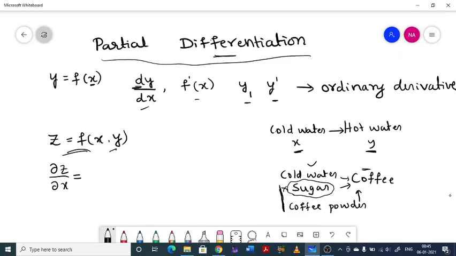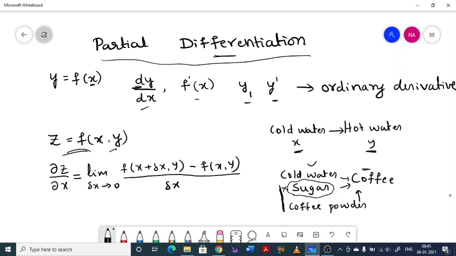So for this, mathematically I can write the expression as limit as delta x tends to 0, f of x plus delta x comma y minus f of x comma y, divided by delta x.